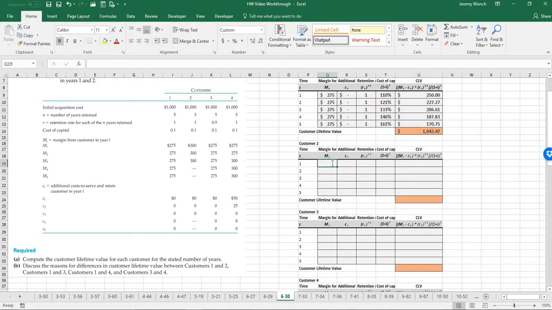And so customer 2 has a higher $300 profit margin, but nothing for years 4 and 5. They don't have any additional cost to serve. Their retention rate is 100%.